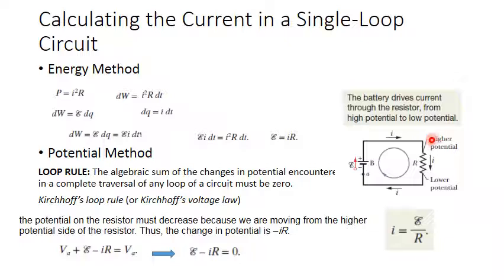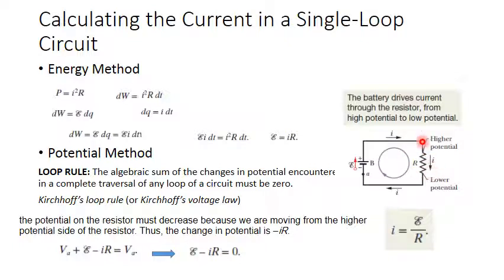So effectively, any point on this wire until we reach the resistance is higher potential, and any point in this wire is lower potential. So effectively, the higher potential on the resistor to the lower potential is going in the direction of the current.